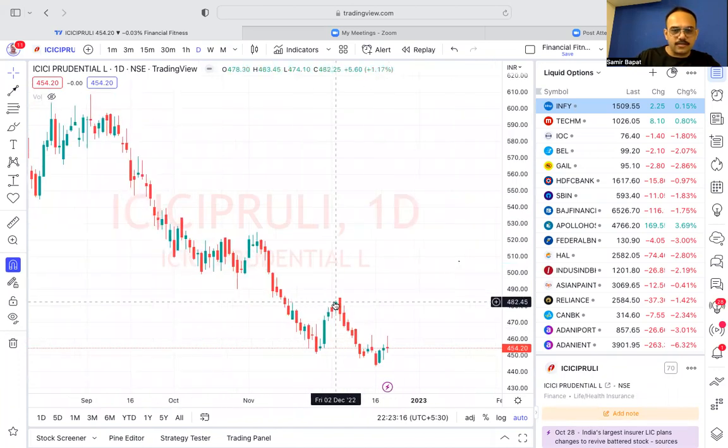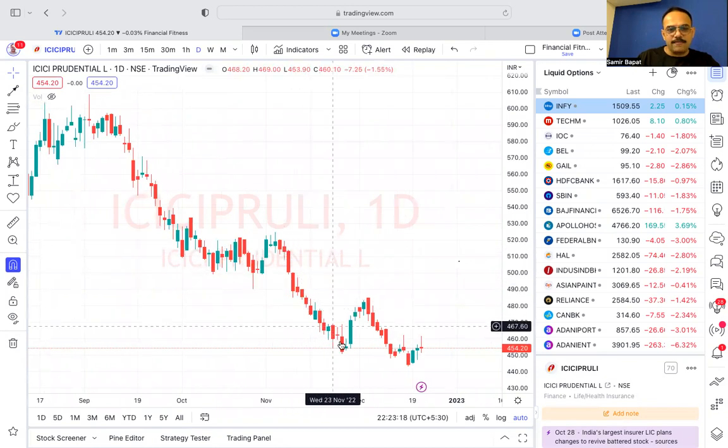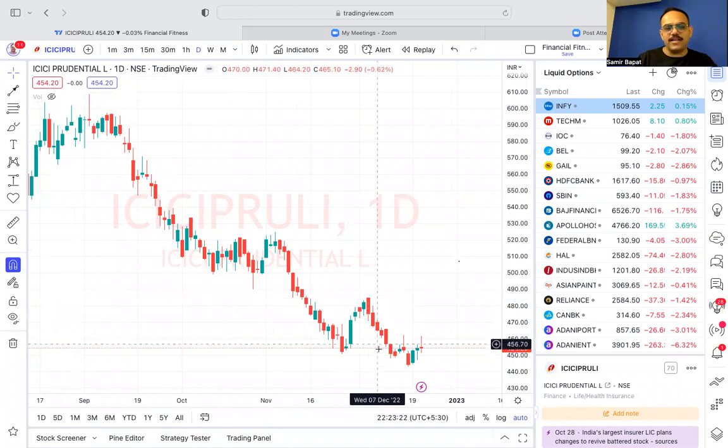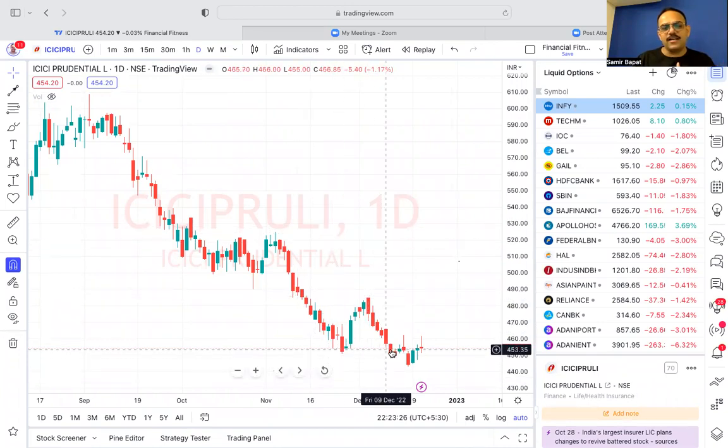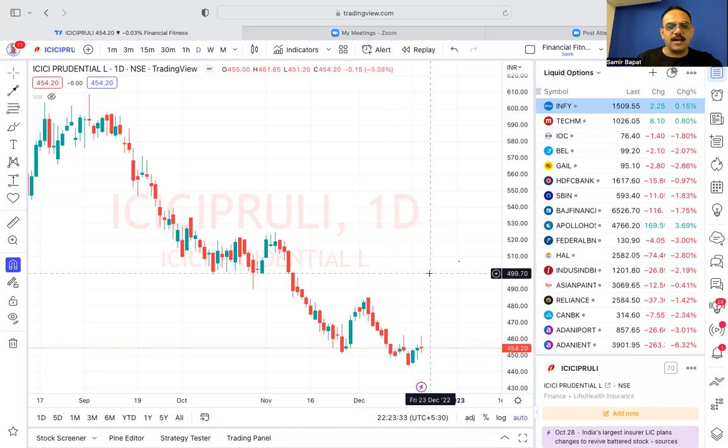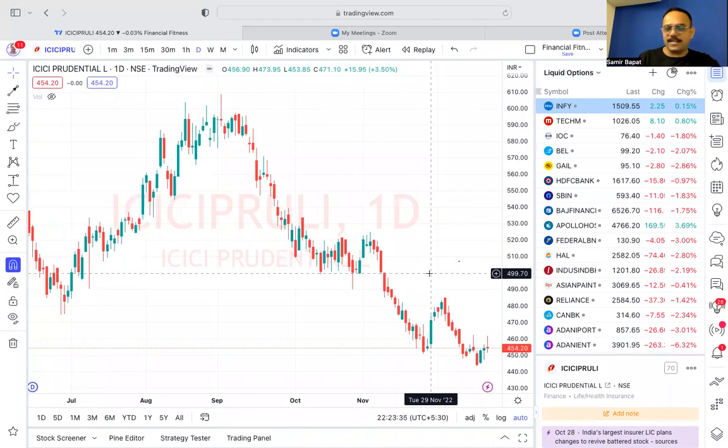Yeah, correct. So this is a Harami pattern. It went down, down, down. This red candle and a green candle, and then it went up. Eventually, it came down. It did not reach the target. It's okay. We have to exit when it hits a stop loss because we don't know how far it will go down. Not every trade is a success. Yes, it is possible, but we are playing a high probability game. Fine. Okay. So great.